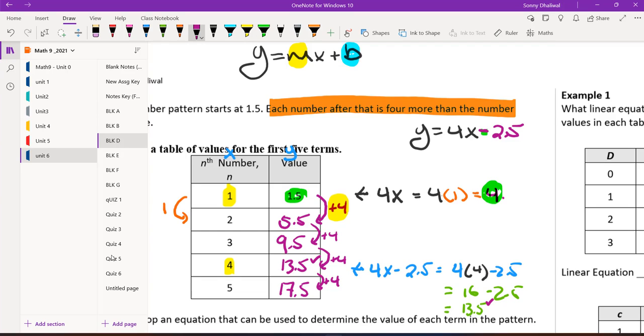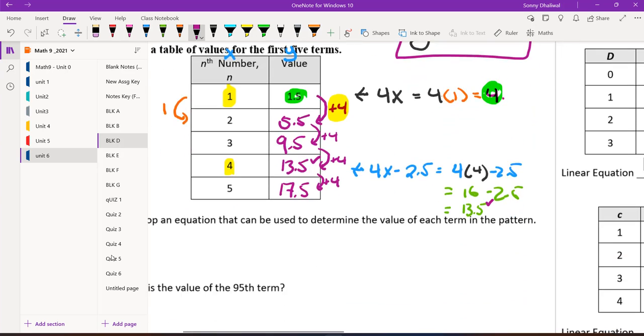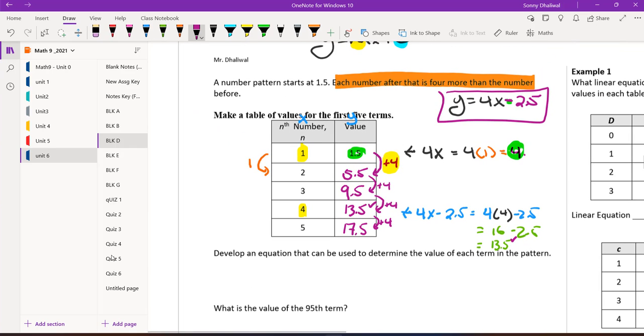Okay. Once we have created our equation and confirmed that it works, I always go to the default of using y's and x's, but that was not what we should be using. We should be using more meaningful letters. Our y is this column. So instead of using the letter y, what letter should we use? V for value. That makes sense. So I'm going to write out our equation here. Instead of y, I'm using v, which stands for value.